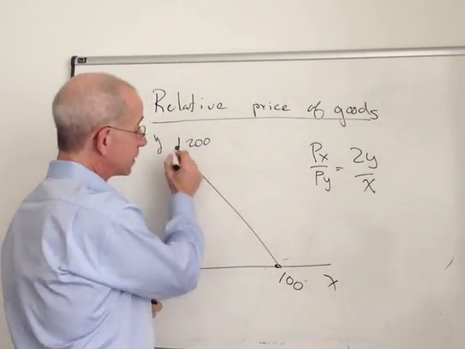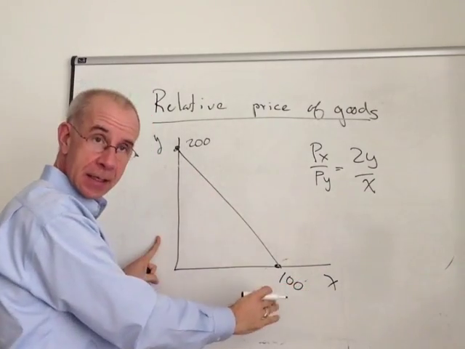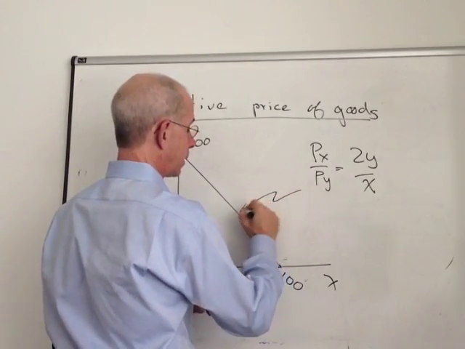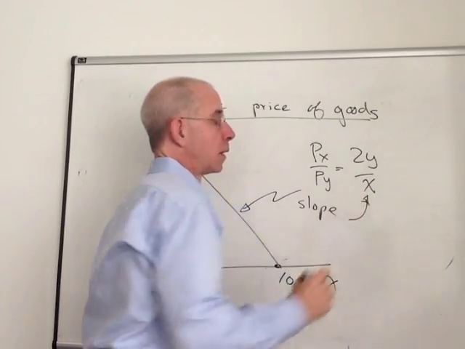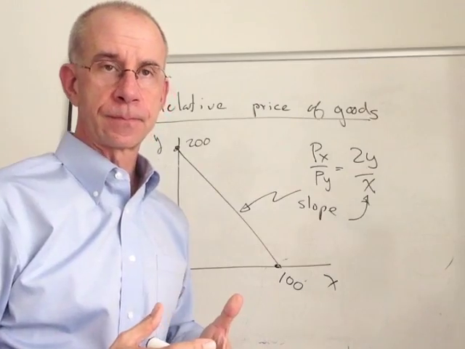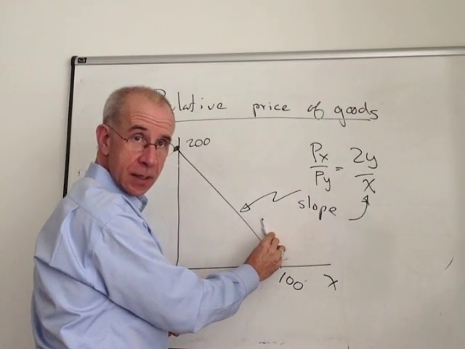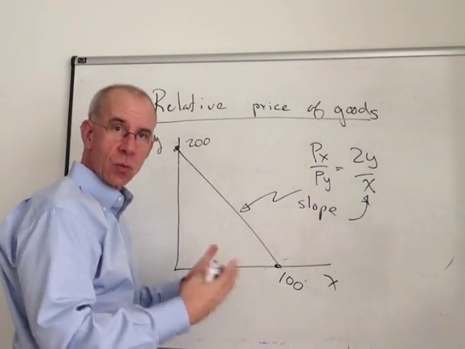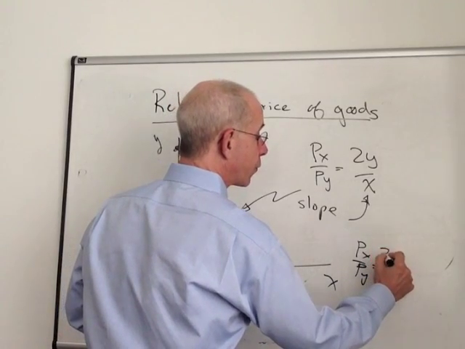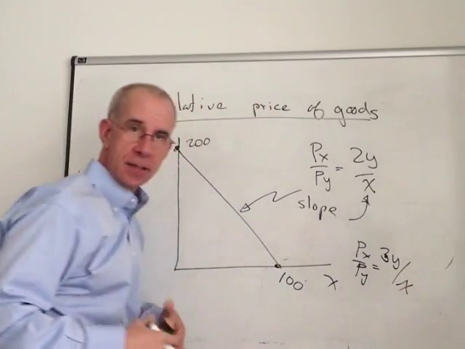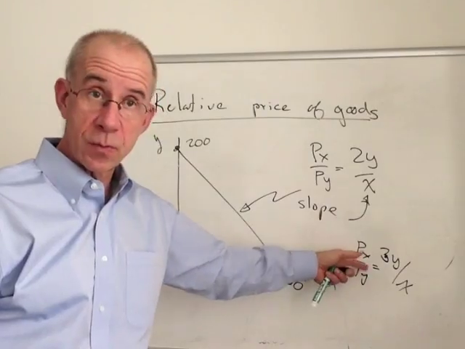And that relative price is the slope of this line. If we have Y and X on these axes, and we have a price line, the slope of this price line is the relative price of X. If we talk about a steeper line, which we will use in a number of different instances, that's going to be a higher relative price of X. For example, if the relative price of X were 3Y per X, that is to say that each X was 3 times as expensive as a Y, which is what this represents.